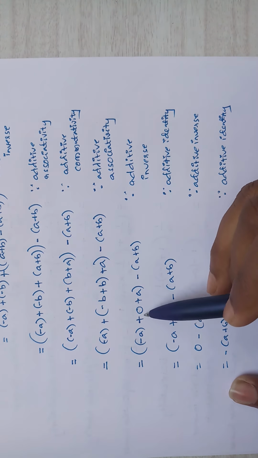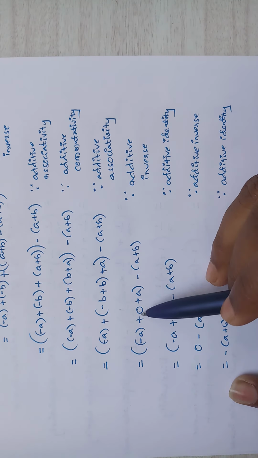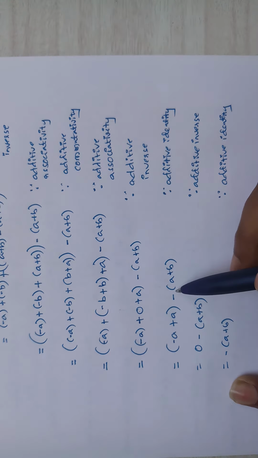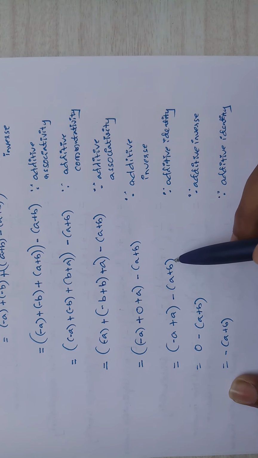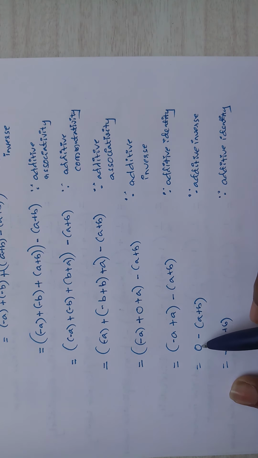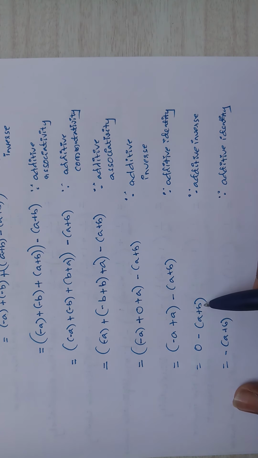Minus of a plus of 0 plus of a minus of a plus b. Using additive identity we can write minus a plus 0 as minus a plus a minus of a plus b. Using additive inverse we can write minus of a plus of a as 0 minus of a plus b.